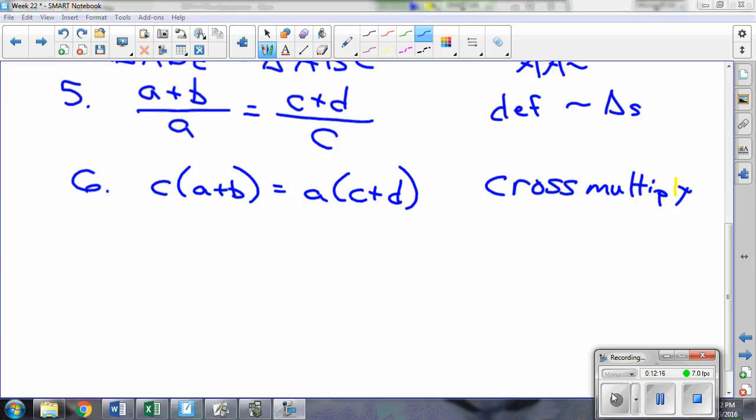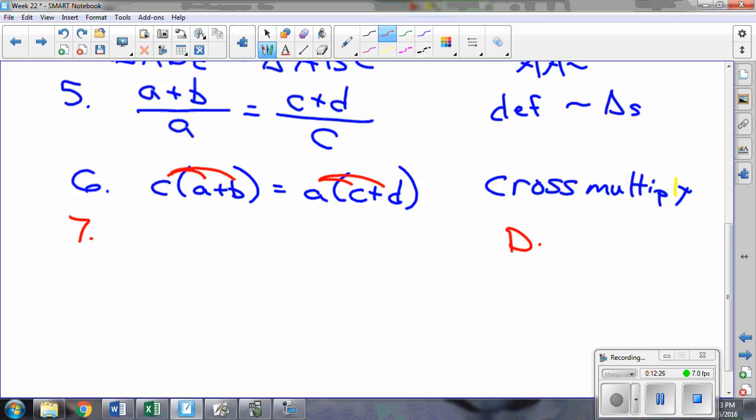As we saw on the marker board, our next stage is to multiply across with the distributive property. And based on distribution, and admittedly I'm being a little bit sloppy with writing letters down perfectly as the distributive property would require, we'd have A times C plus B times C equals AC plus AD.